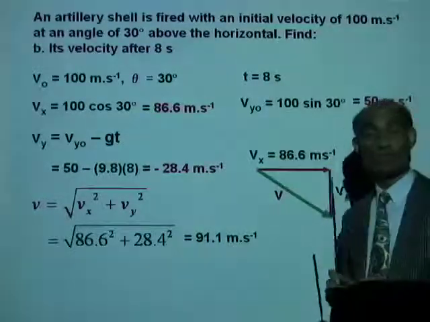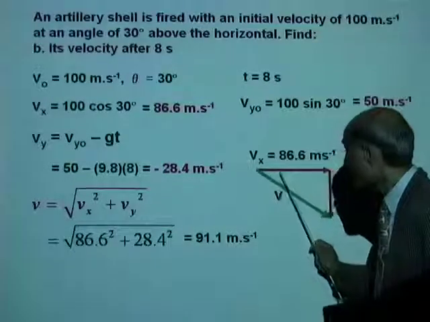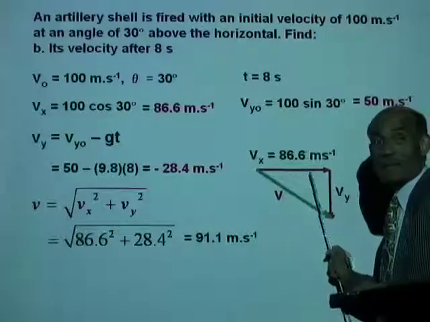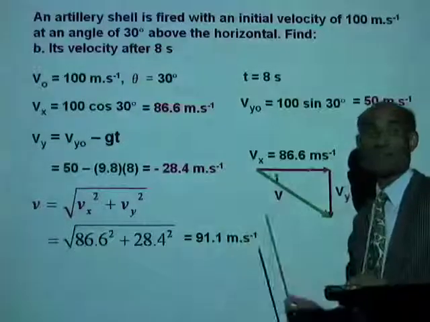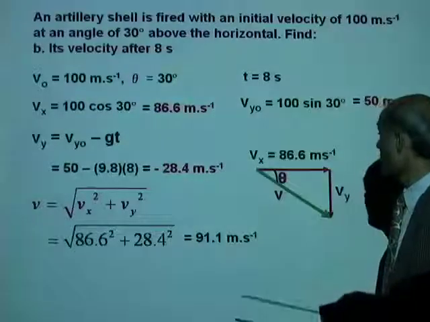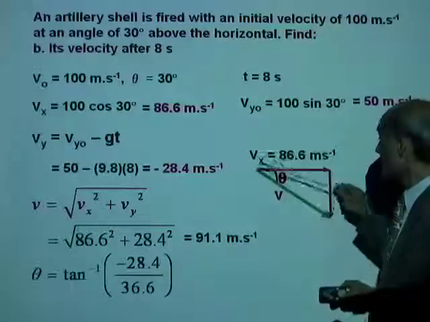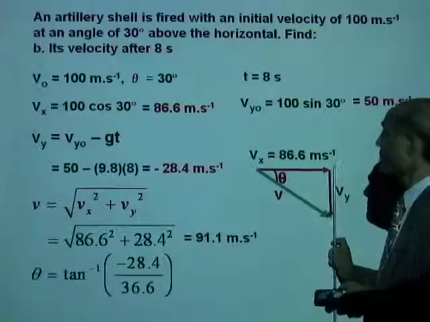Well, we also need to find the angle. What is the angle here? If this is the angle theta, tangent of that angle theta will be Vy divided by Vx. Right? So tan theta is Vy divided by Vx, which is 50 divided by, is it 50?